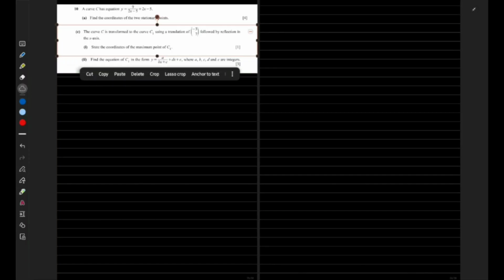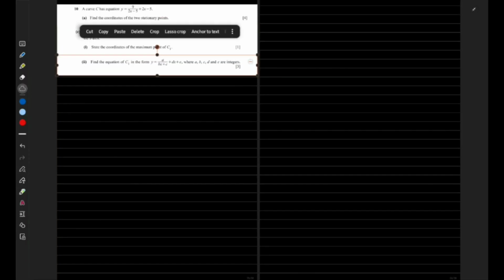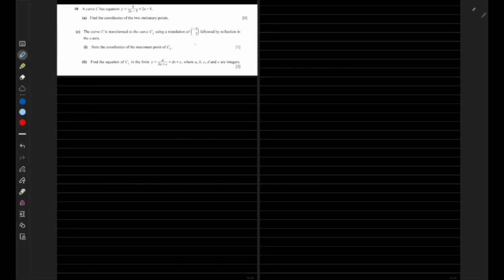So what we have done is, they say the translation is something like in the function or in the equation. If it is written -3, that means 3 units to the left. And how do we represent it in terms of function? We represent it by f of x plus 3.